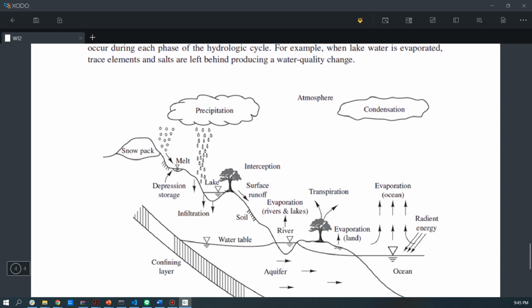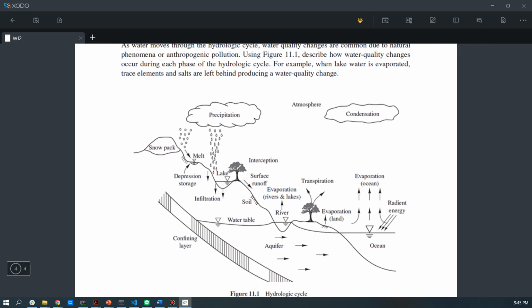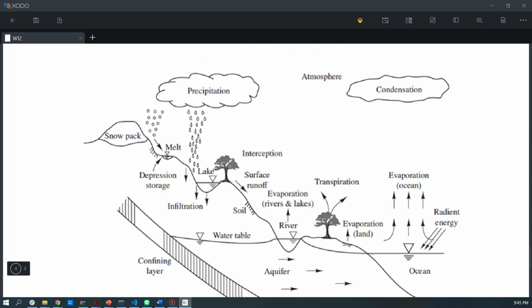So I think I will just go over potential impact in different stages among this hydrological cycle. So let's start with the cloud.